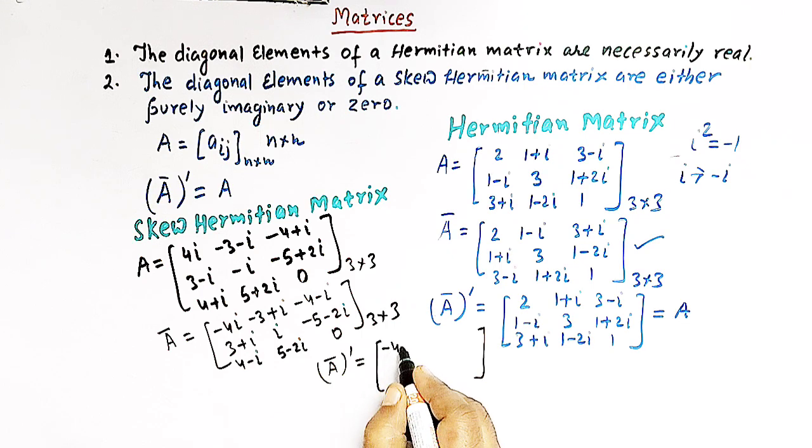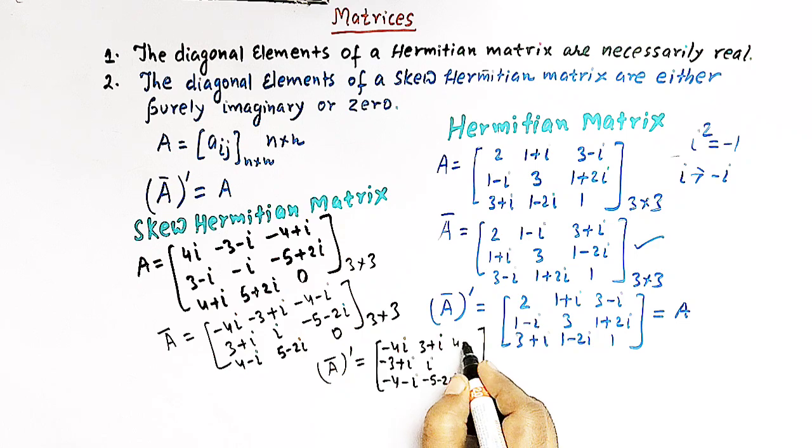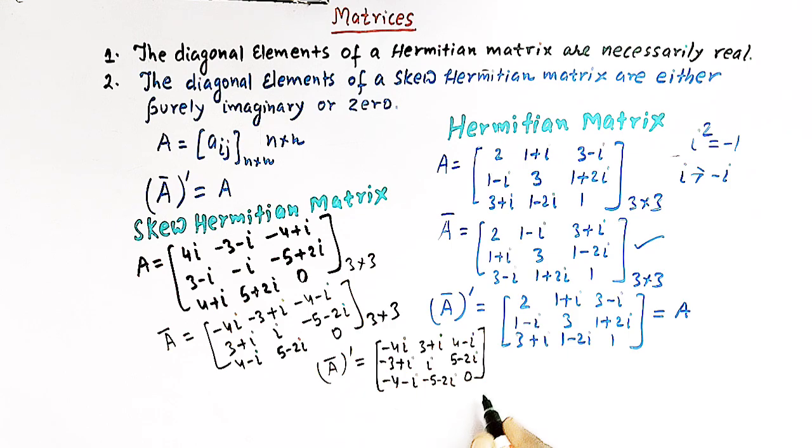So we have here minus 4i, then minus 3 plus i, then minus 4 minus i, then 3 plus i, then i, and minus 5 minus 2i, and then 4 minus i, 5 minus 2i, and here we have 0. Okay, so now let us multiply this matrix by minus 1, taking the multiplication of both sides by negative 1.